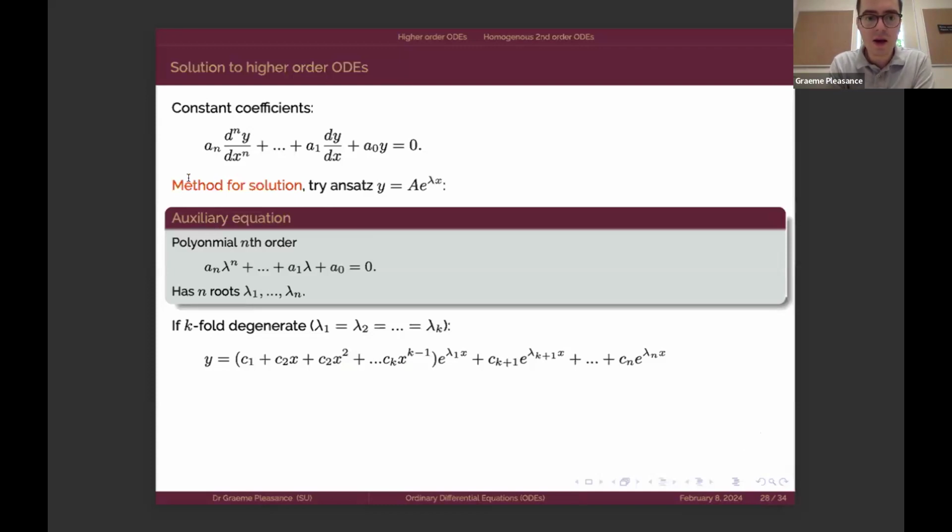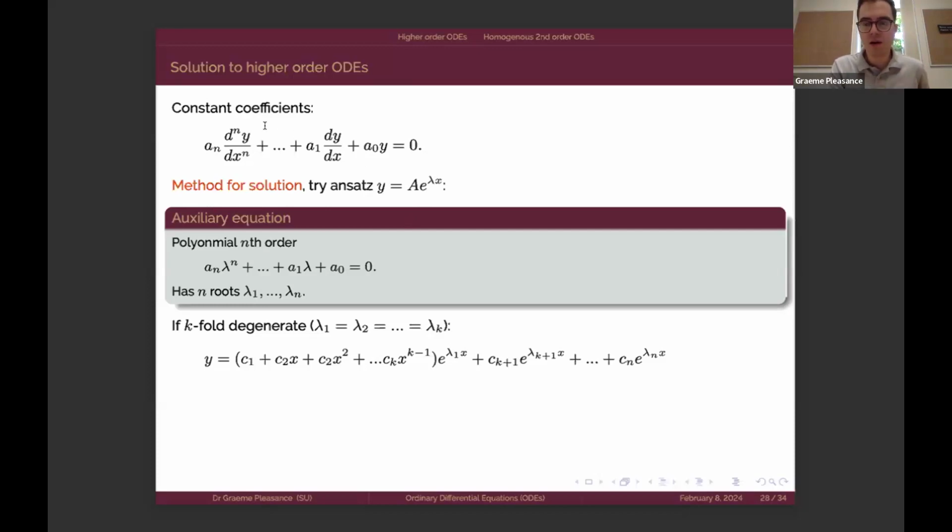So I mentioned there's a special case in the previous example where the 2 roots of our auxiliary equation are equal, and in this case we have to solve the problem a little bit differently. If we revisit the general situation, we go back to the nth order.